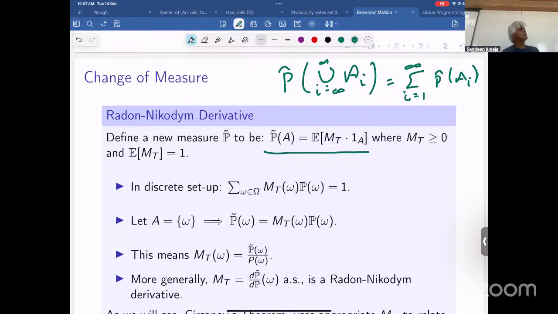M_T is fixed. You're trying to measure A, right? For every A, we are assigning a probability to it.